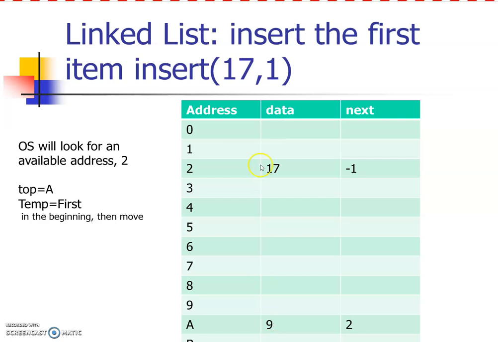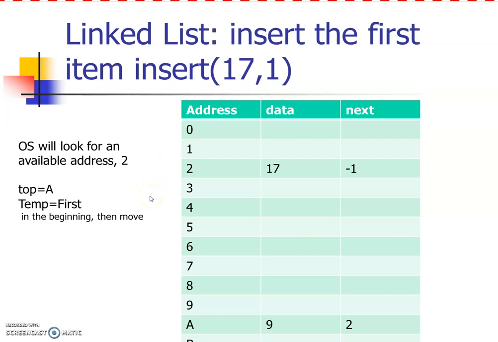The next item is going to be 17, the one that we just inserted. So it will look into the first item, understand the first item is 9, and now it needs to change the next item's address, indicating that the next item is located at address 2, so that it will link them together. At address 2, the item is 17, and when we see -1, it indicates the end of the linked list. That's what happens after we store the next item.